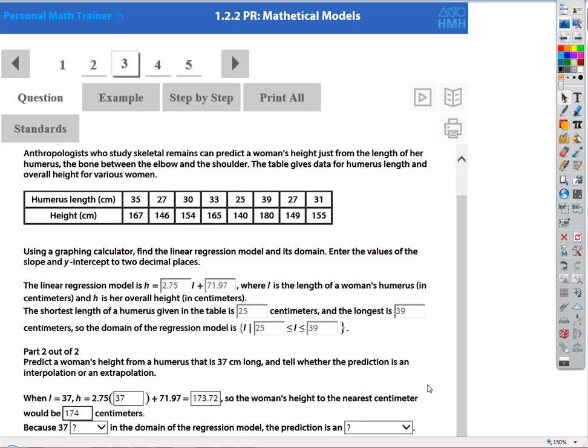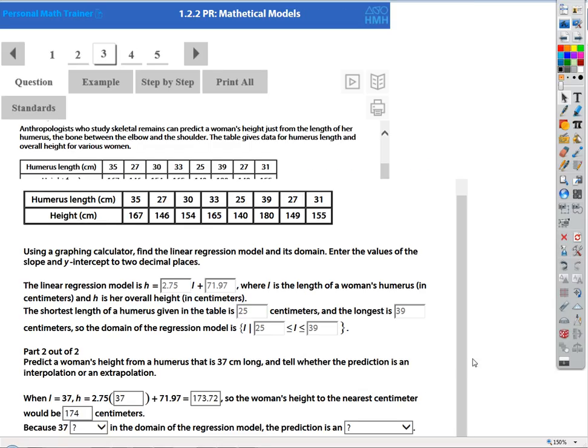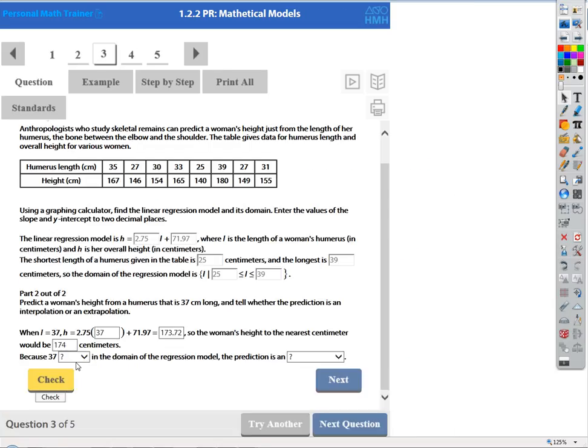Okay, so what about this next part then? Because 37, is 37 in the domain? No. It's not? What's our domain go from? 25 to 39. Oh, it does. So it is then, right? So 37 is inside the domain. This prediction is what? What's the difference? I can't remember. I don't know if we got to this or not.